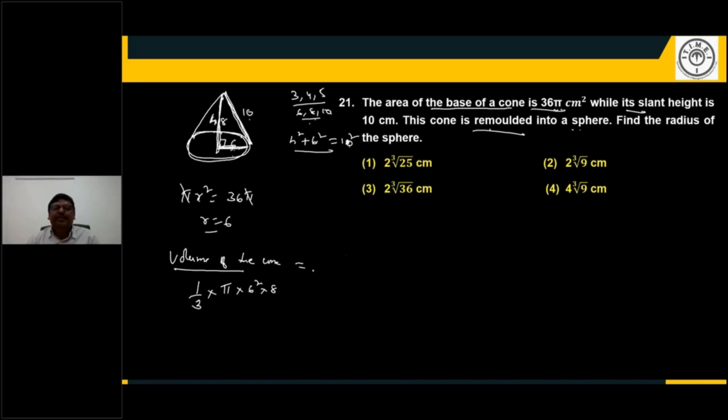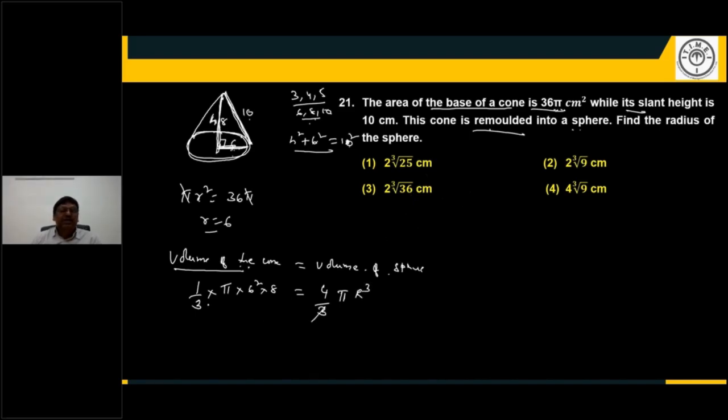The new figure is a sphere. So the volume of the cone must be equal to the volume of the sphere, because you are molding this cone into a sphere, so the volume of the melted should be equal to the volume of the formed. But what is the volume of the sphere formula? As I said just now in the previous question, volume of the sphere is 4/3 pi r cube.